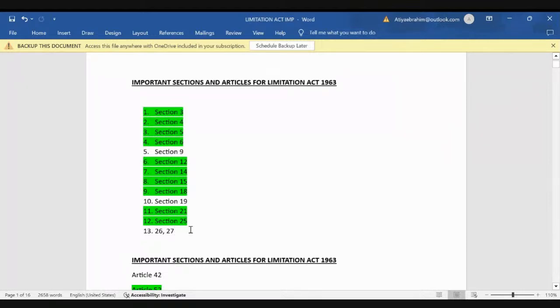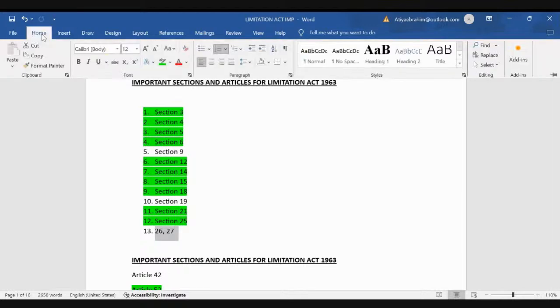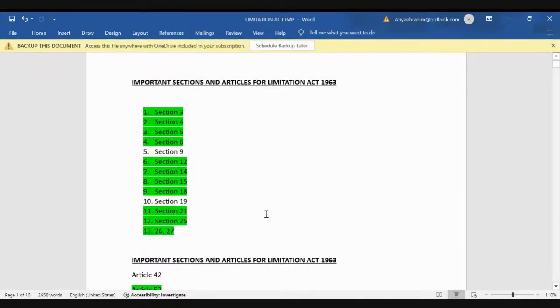Now, these sections are really, really important. I will also highlight 26 and 27, right? So from section 1 till section 27, you will find that these are important sections. These 13 sections which I have filtered out, you cannot miss.